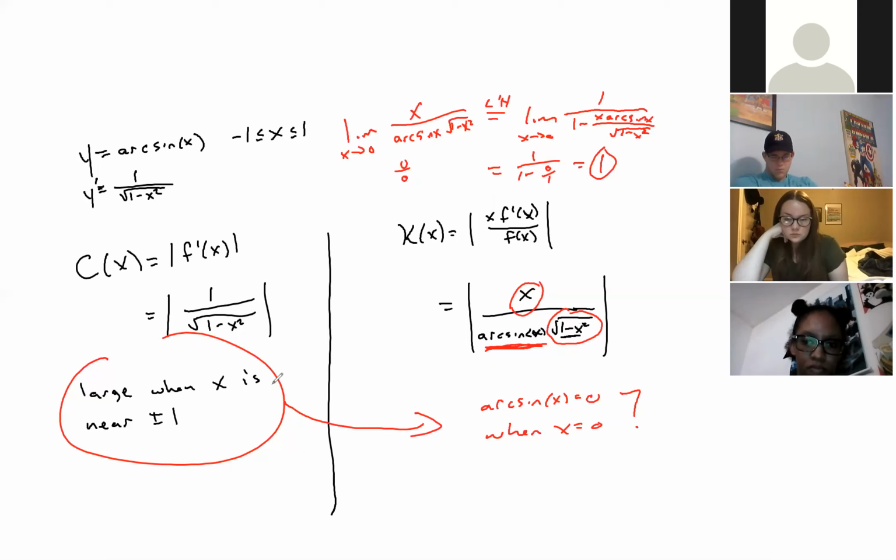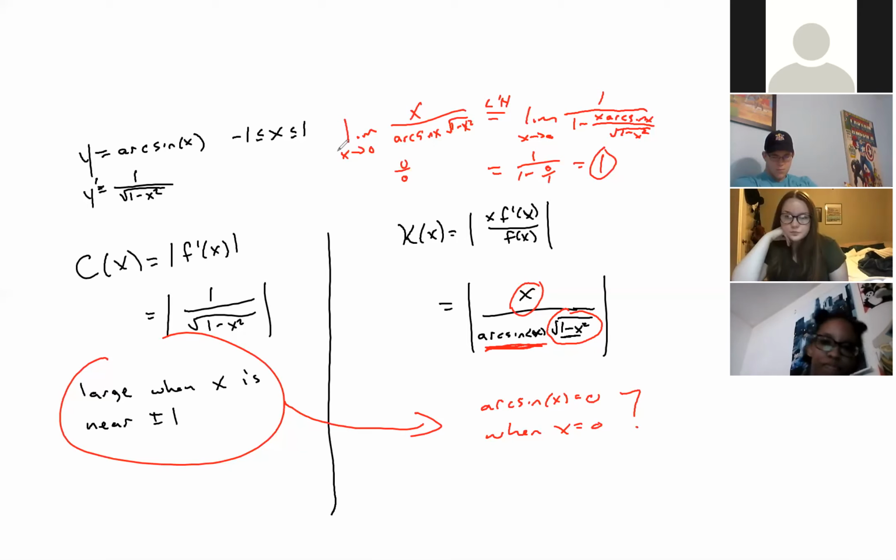And so you still have the same problem for your relative condition number when x is near plus or minus 1. But then we talked a little bit about this arcsine in the denominator. That can be 0 if x is 0. So again, if something makes the denominator 0, you need to think about what's happening there.